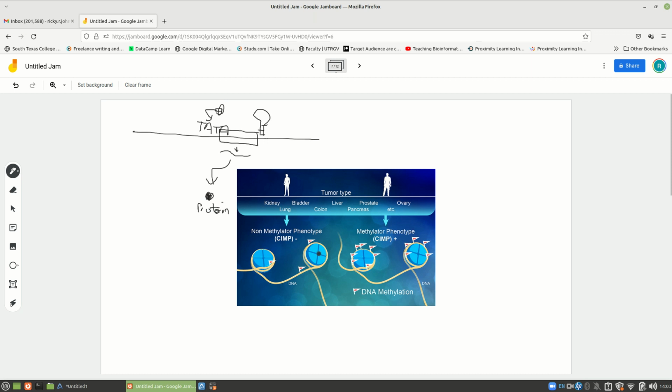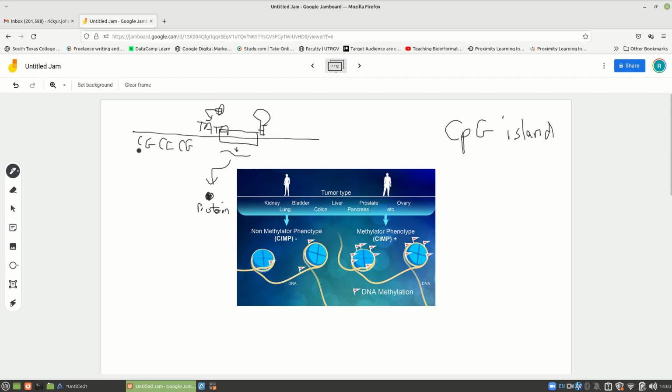Just to review: how do we turn this off? Well, we wrap it around the histone proteins. And what determines whether or not it gets wrapped around? Well, that is determined by something called a CpG island. And that is just a bunch of C's and G's that typically come in front of the promoter, the TATA. So somewhere nearby, you're going to have a bunch of C's and G's.